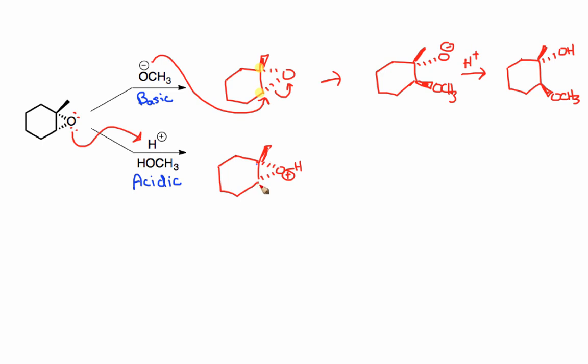Here we would get a secondary carbocation, versus over here we would get a tertiary carbocation. So let's think about that intermediate: we get this alcohol back, and then we can get a carbocation here.